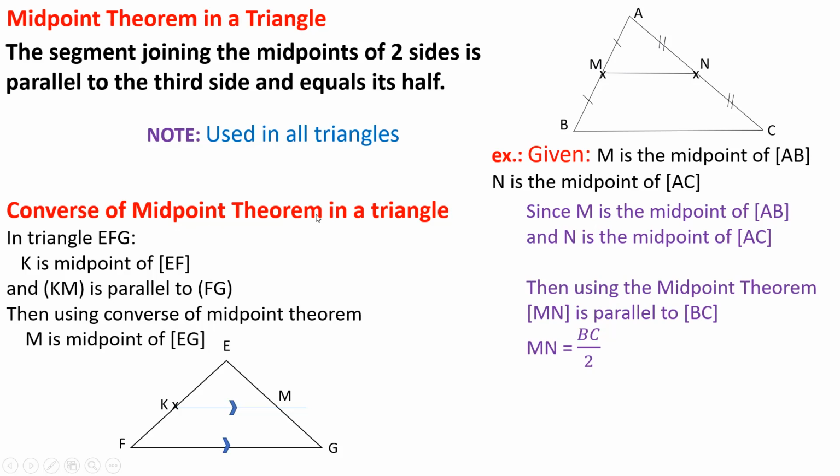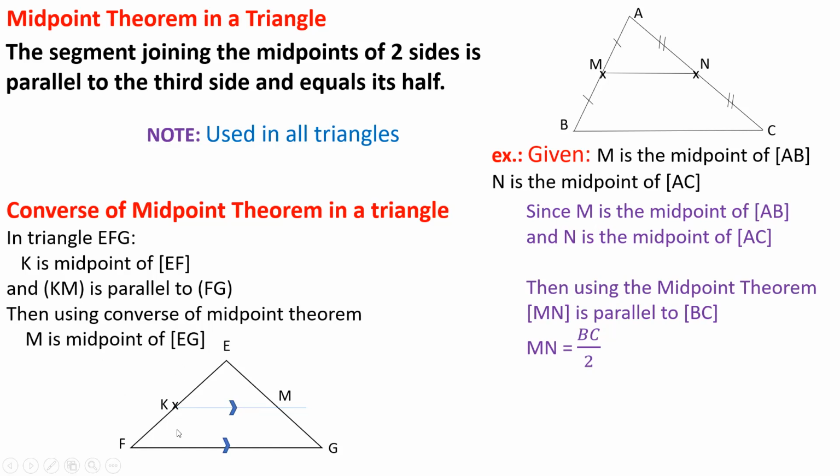The converse of the midpoint theorem, we use it to prove parallel lines. So if I wanted to prove, for example, in triangle EFG, that side KM is parallel to side FG, I use the converse of the median segment theorem, of the midpoint theorem. So the converse is, for example, if I have a triangle EFG, and in it, I have 2 parallel lines, and one of them is passing through the midpoint of one of the sides.